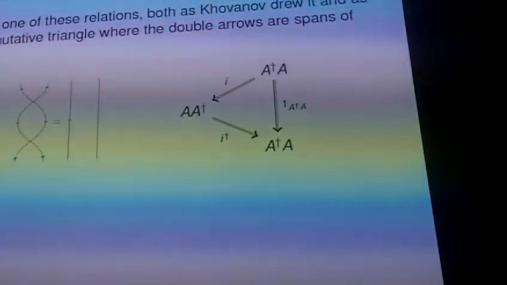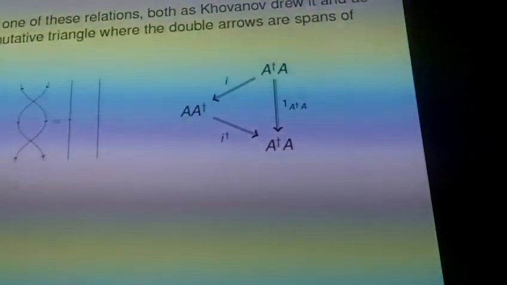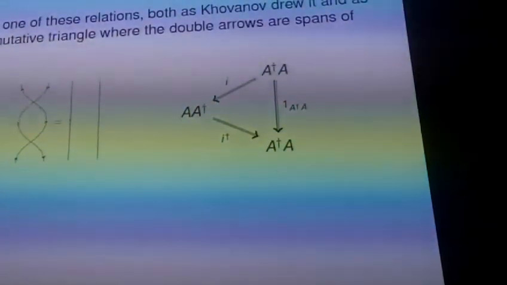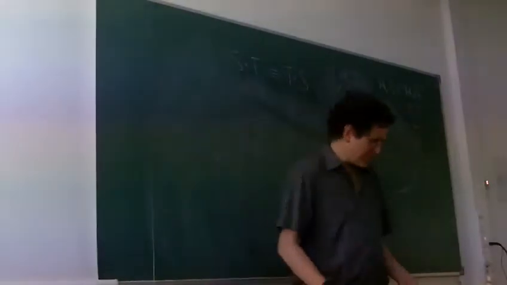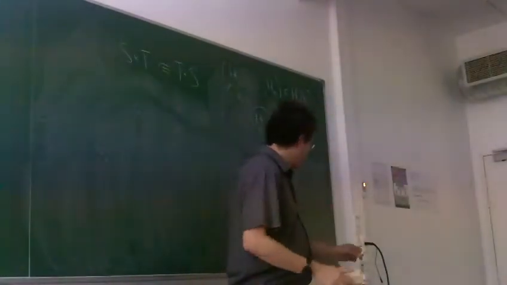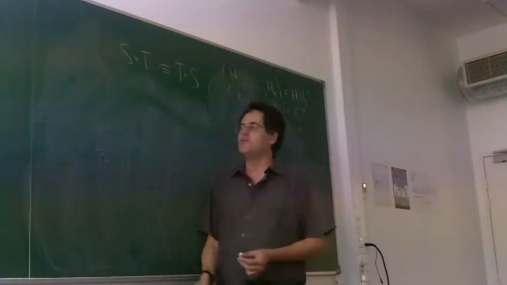Excuse me, to be clear, this A dagger, for instance, is an object in some category, and the arrows are morphisms. Of course, everything is an object in a category. But no, I'll be more informative than that. I don't want to just stop and say it.